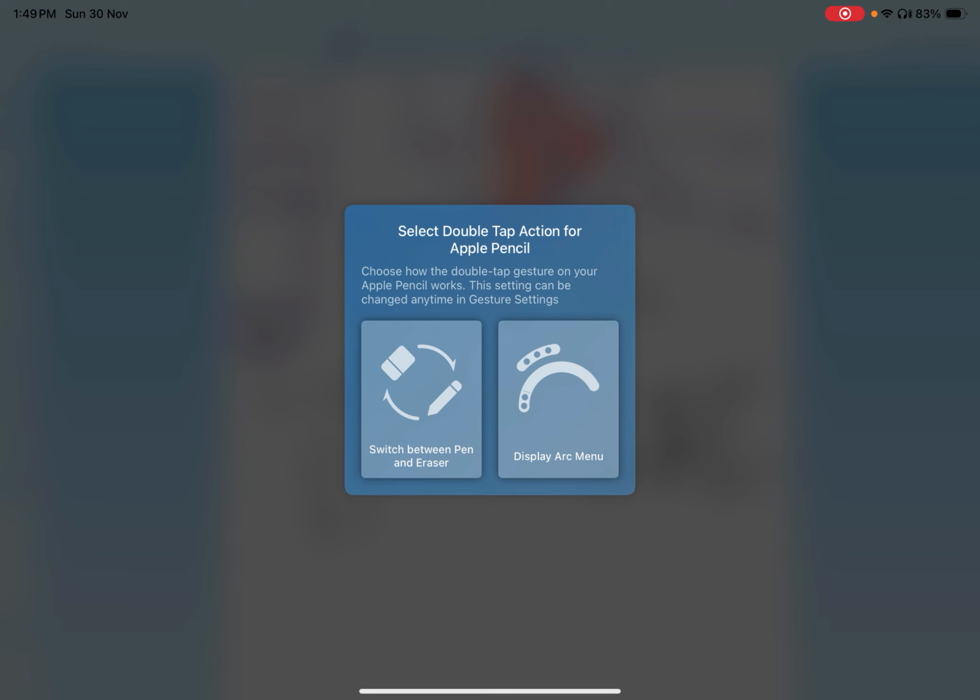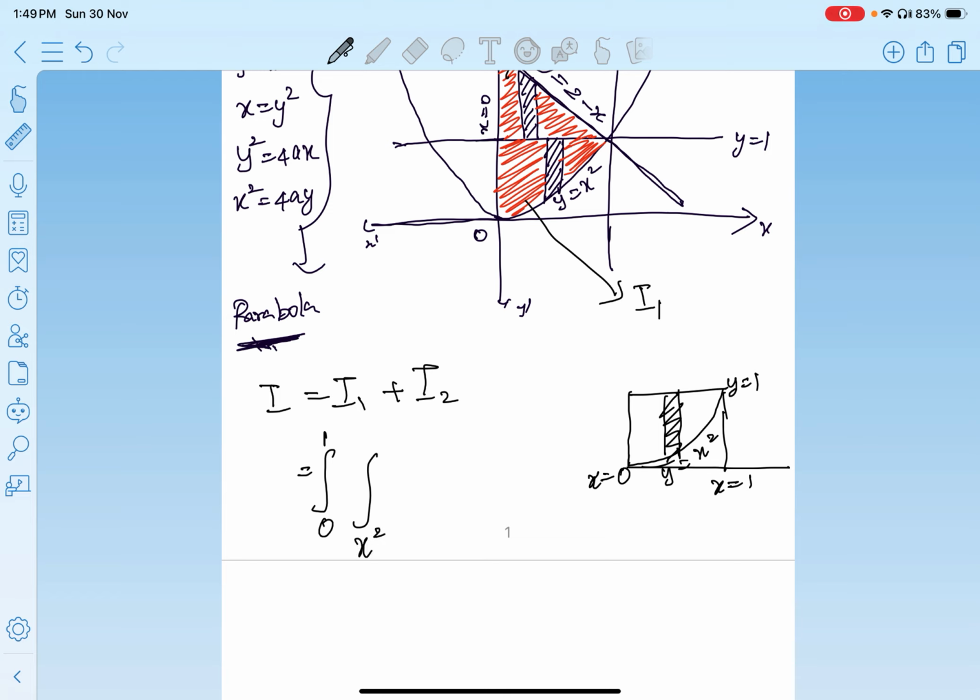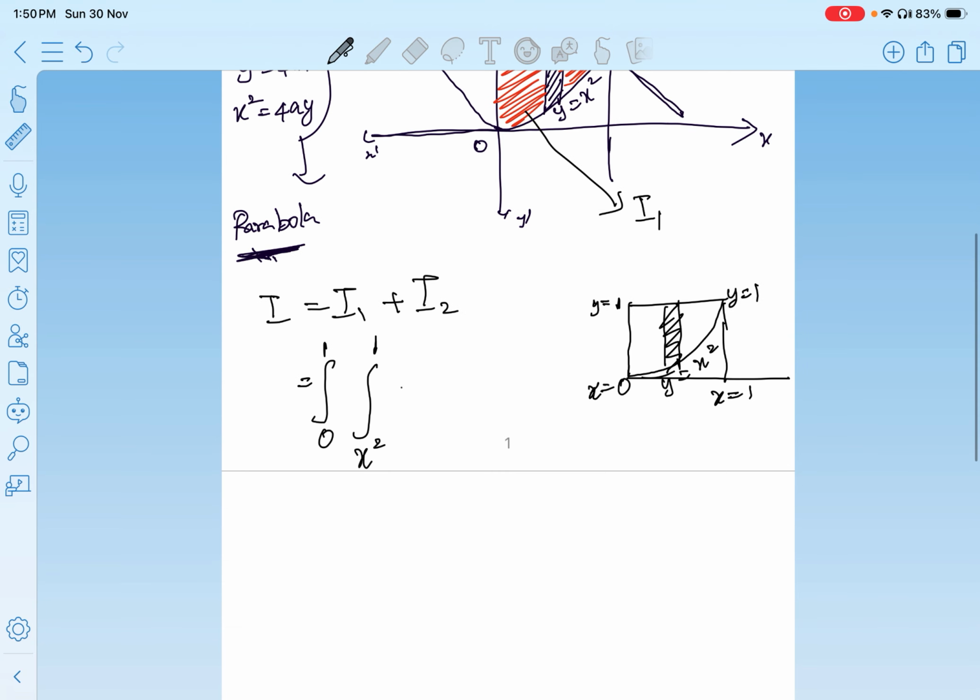It starts from x square to 1. The remaining terms you have to write: xy dy dx. So this is your I1.